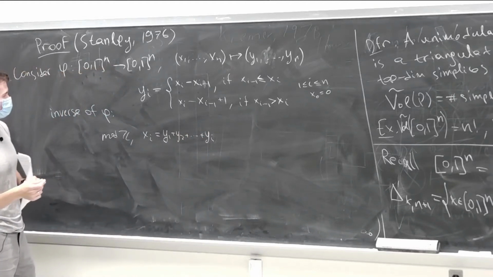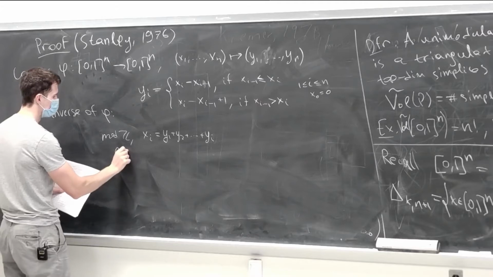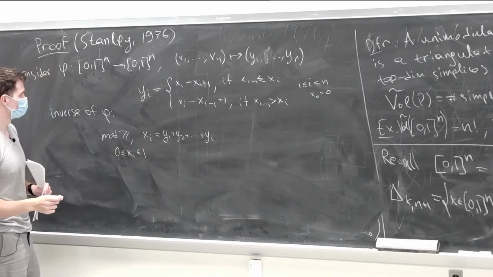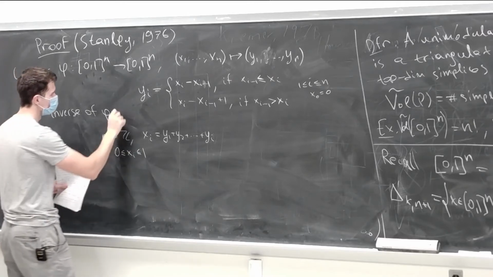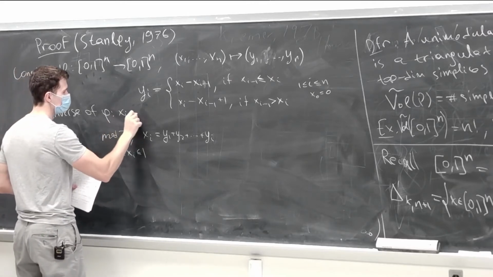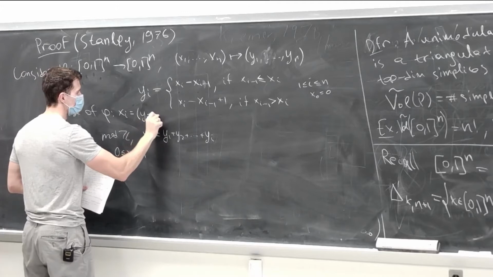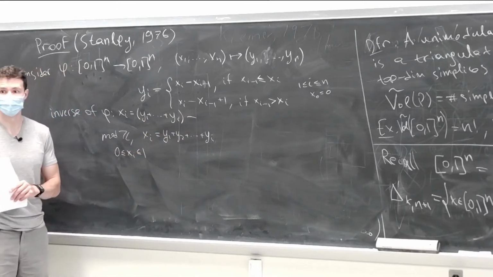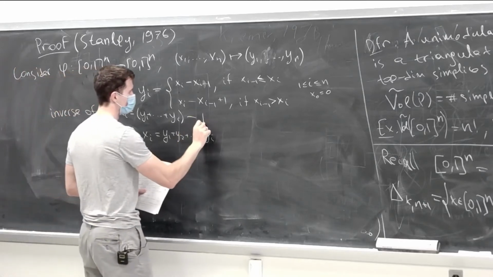And then we also know that xi is between 0 and 1. So the actual answer is y1 plus etc. plus yi minus the fractional part.